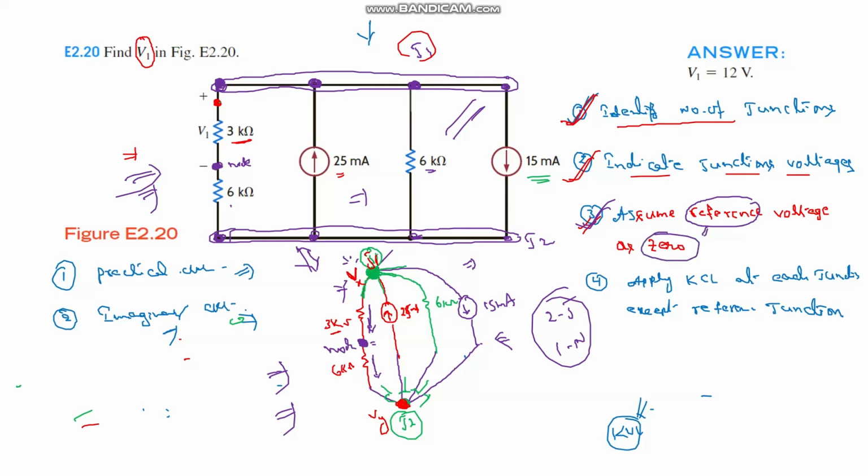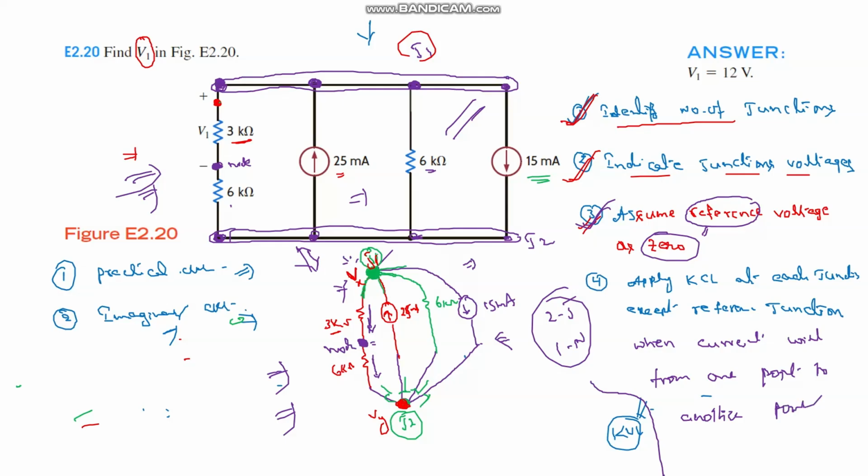To understand the meaning of zero, just ask yourself: when will current flow from one point to another point?